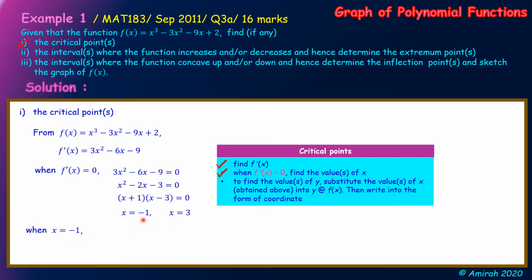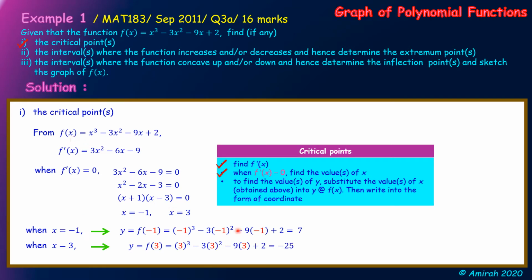When x equals negative 1, we substitute negative 1 into variable x in f(x), so we get y equals 7. When x equals 3, we substitute into variable x in f(x), so we get y equals negative 25.